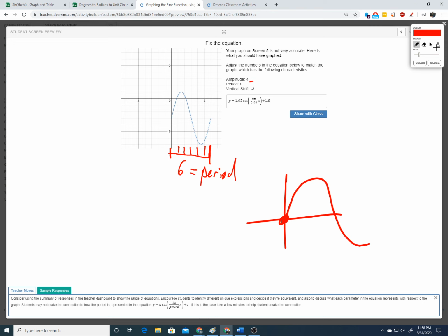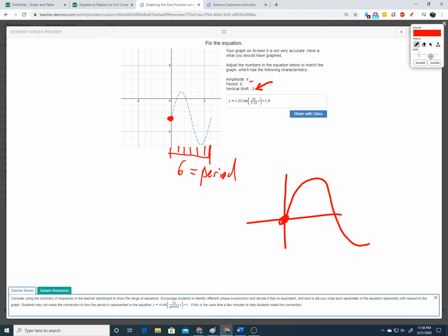I'm going to keep saying it just because I hope the more I say it, the more you're going to get comfortable with it. Again, I don't think you need to have it memorized yet, but I am thinking by next week you should. So sine starts at 0, 0. I can see here that this one started at the point -3, 0. So right there, I can tell I did have a vertical shift of -3.